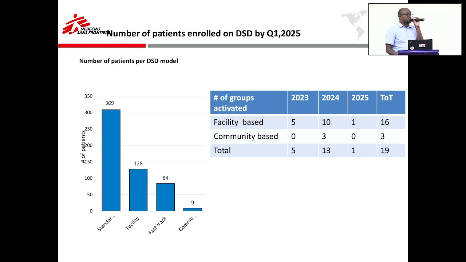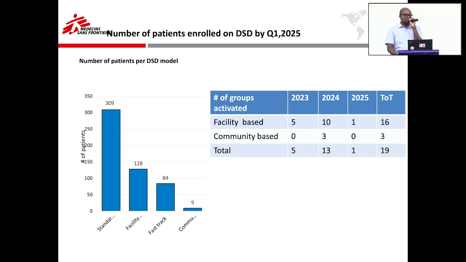So in total we have 530 patients in our DSD. Of course, standard of care, where you can see it has the high number, is because once a patient qualifies, there is that factor that especially the old patients want someone to talk to.